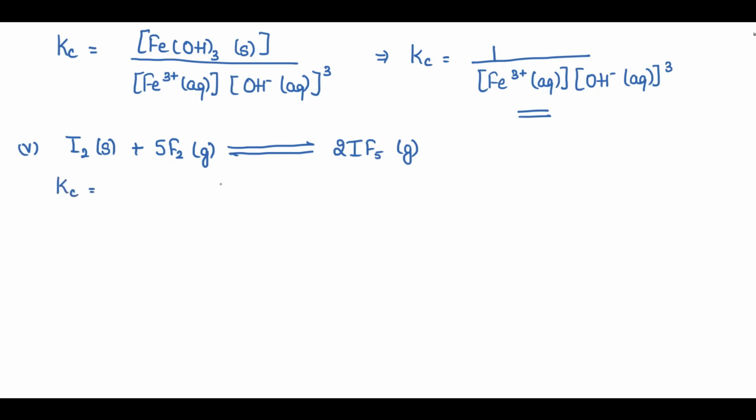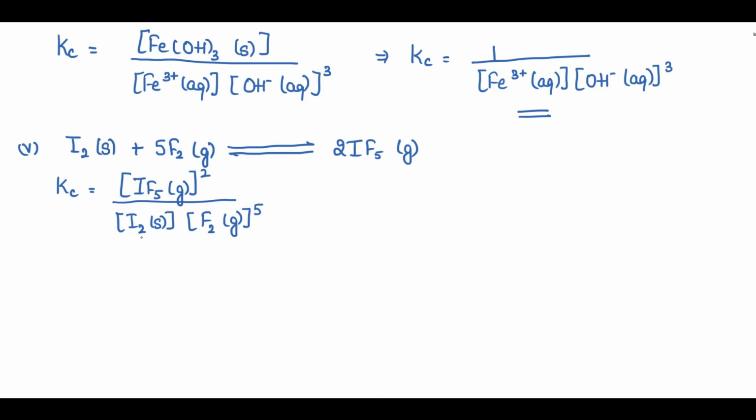So Kc equals concentration of product. We have IF5 in gaseous state on the product side, and it has stoichiometric coefficient 2. So this concentration will be raised to the power 2, divided by concentration of reactants, I2 in solid state, into concentration of fluorine in gaseous state, and it has stoichiometric coefficient 5, so raised to the power 5.